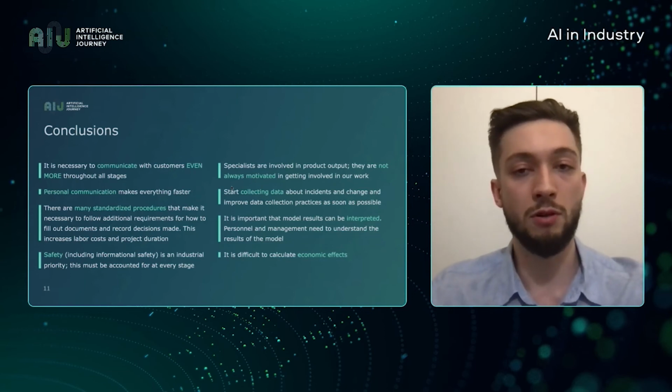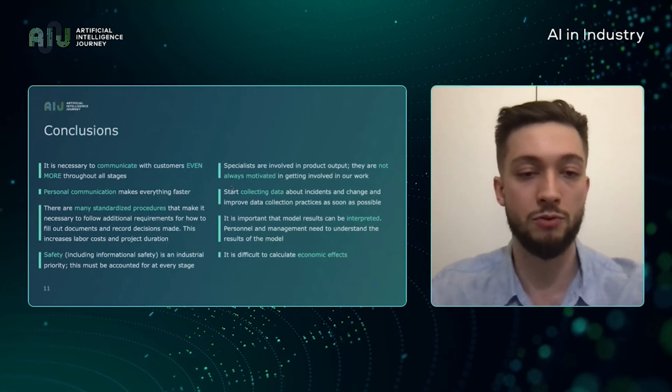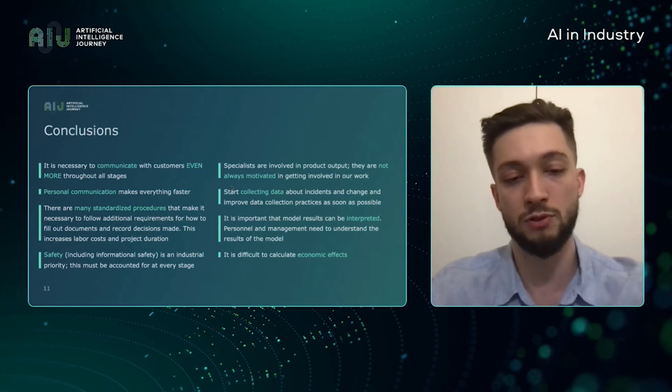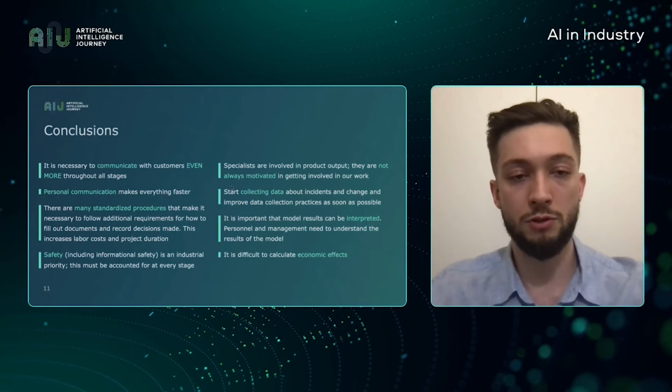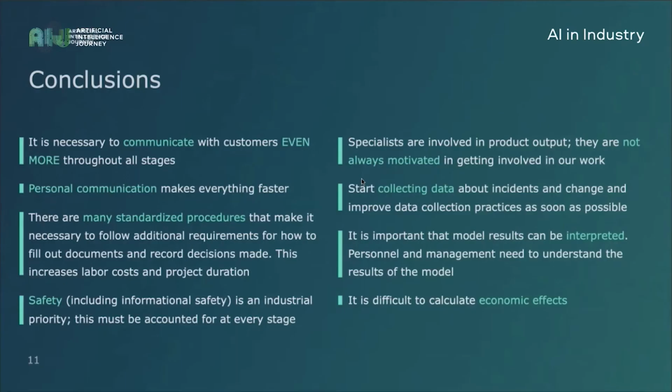In conclusion, I would like to say that we have driven results not only on this project, but generally in terms of what we need to pay attention to and where we need to look. So first and foremost, communication is important.